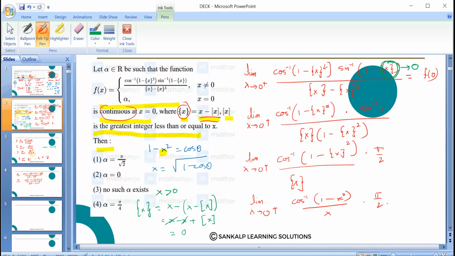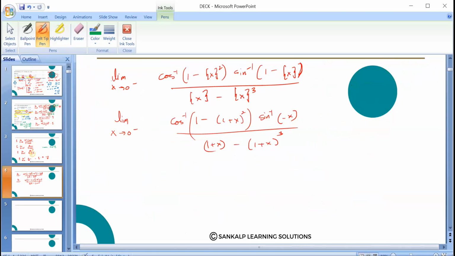And then we have only sine inverse 1. Here also we have written this as 0. Wherever possible, we are substituting 0.